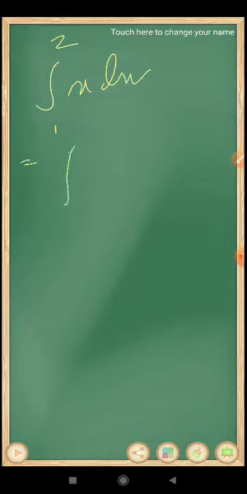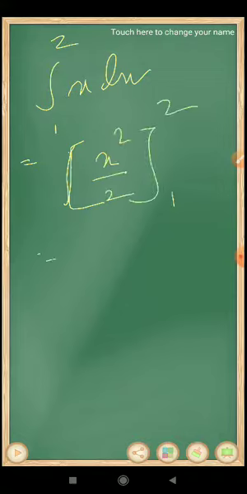You can see here, integration from 1 to 2 of x into dx. So what is the integration here? Integration of x is x square by 2, from 1 to 2. Now instead of x you put 2.